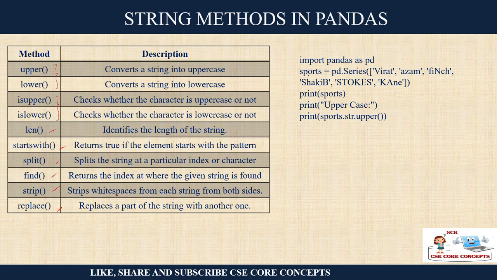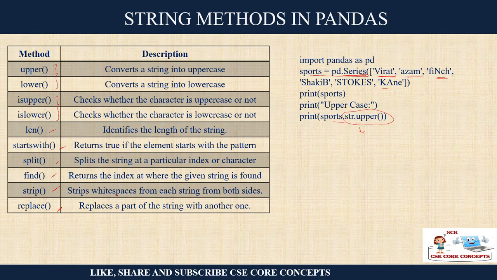So you can see here I have created a series. Series is something like a list, but you have to use this keyword Series. I have written the names of some of the players. Here you can see some are in small letters, some are in capital, mixed. If I want to bring uniformity to them and convert all of them into upper, I will write sports.str.upper.